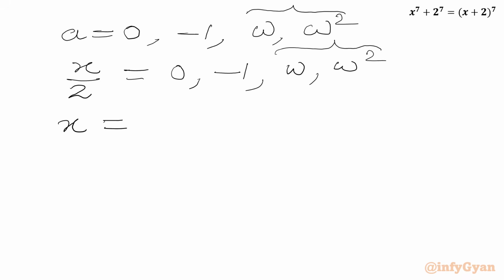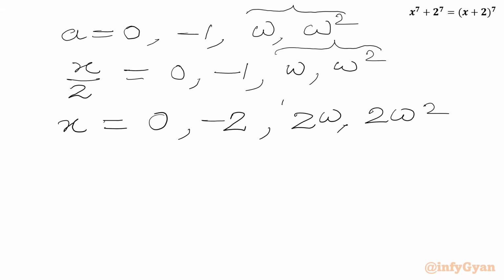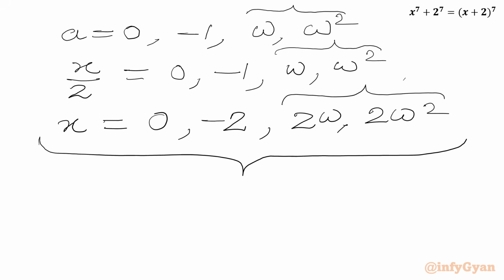So I will write 0 times 2 is 0, negative 1 times 2 is negative 2, 2 omega, 2 omega square with multiplicity 2. So 2 plus 2 is 4, 4 plus 1 plus 1. Overall 6 solutions are here.